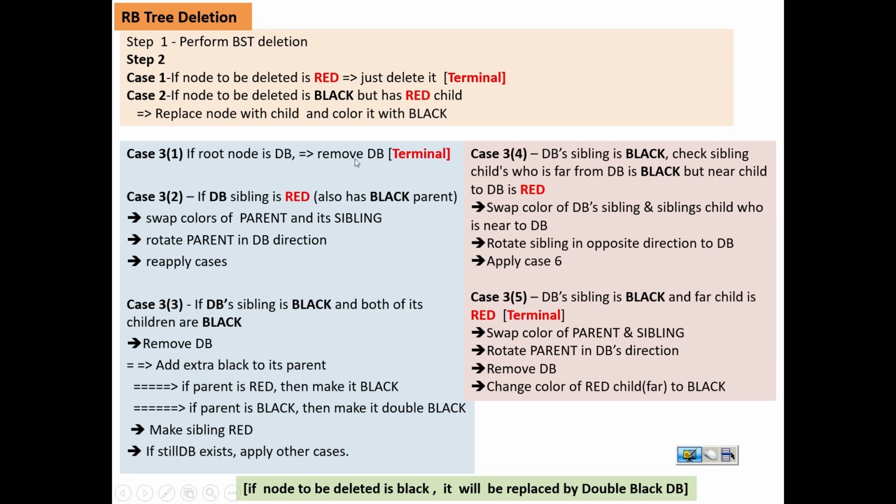But then there is case three, which has five variations, that will create a scenario of double black. Double black is a scenario when you are going to delete a node whose color is black, and because of this deletion the black height property is not maintained, and then we need to do certain rotations to fix this RB tree.